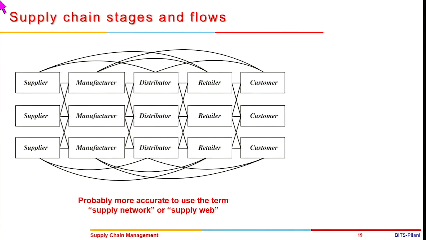So flows may happen in crisscross ways, and goods may also move directly to the customer. It may move directly to the retailer. If we look at tire manufacturers, they supply to Maruti and they also supply to the retailers. So you can buy tires either with the car which comes from the manufacturer, or you can buy from the retailers.